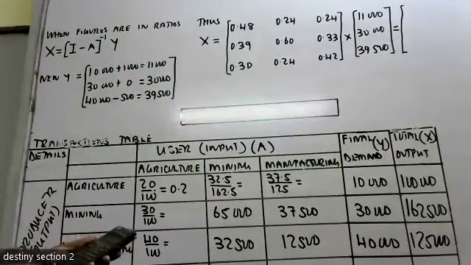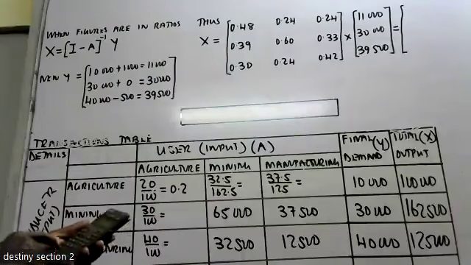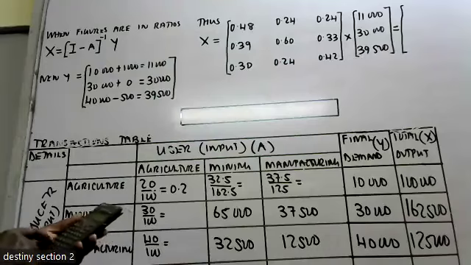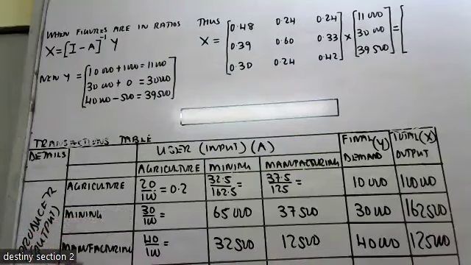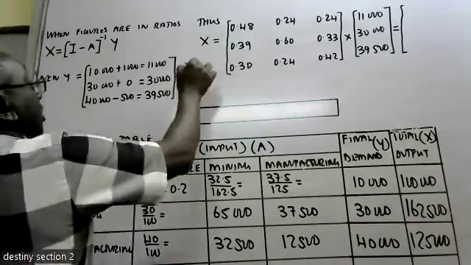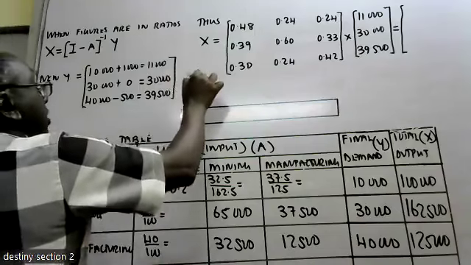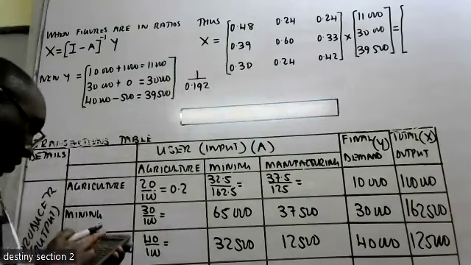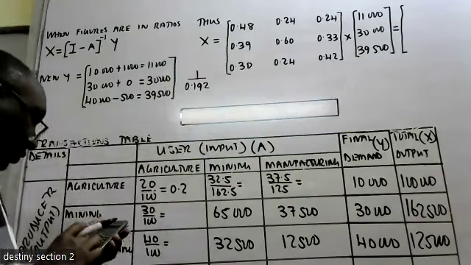So 0.48 times 11,000 plus 0.24 times 30,000 plus 0.24 times 39,500. I think there was something missing. This should have been divided by 0.192.